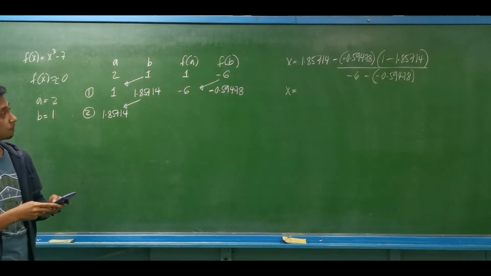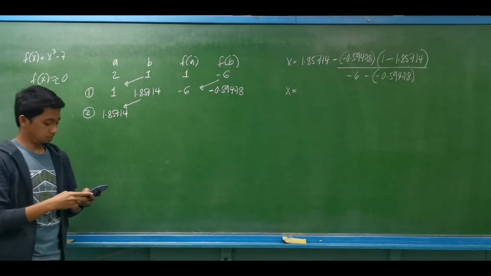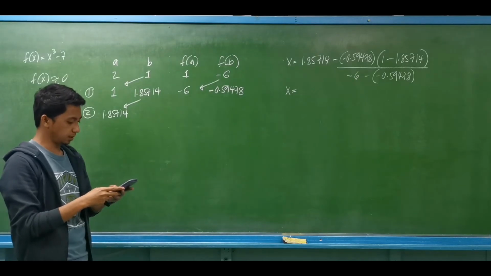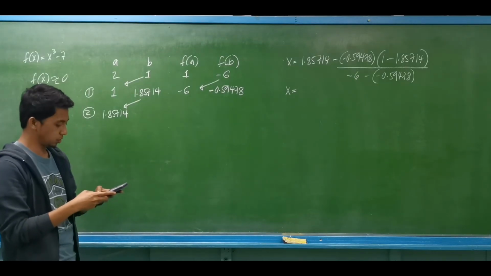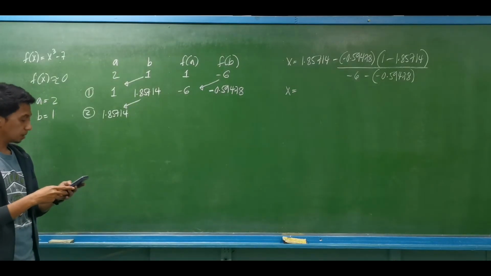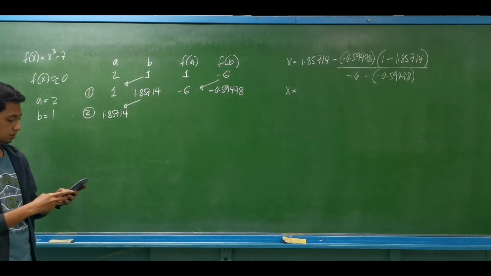We have 1.85714 minus the negative 0.59478 multiplied by 1 minus 1.85714. This is divided by negative 6 less negative 0.59478.